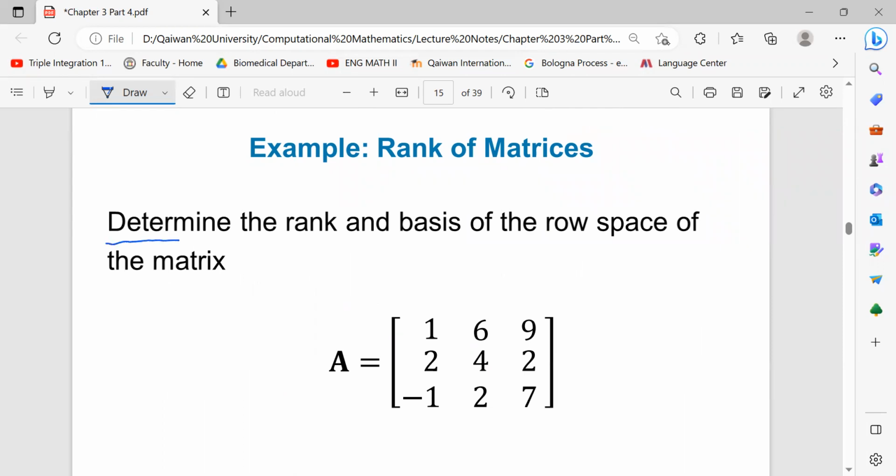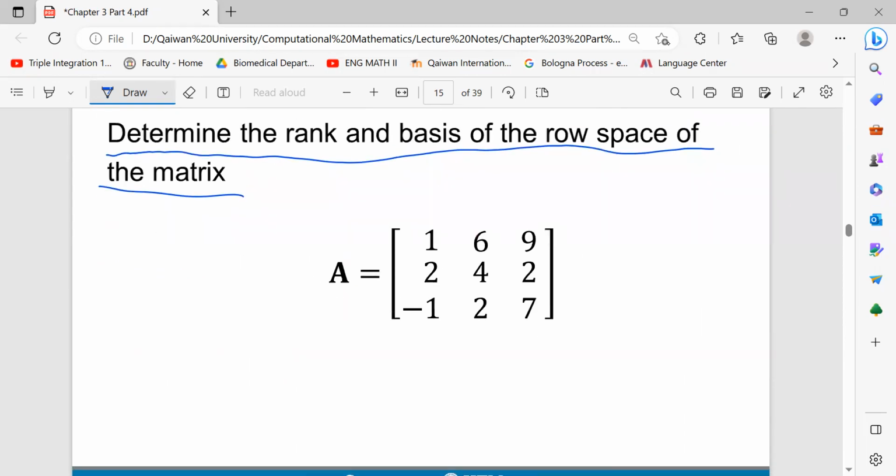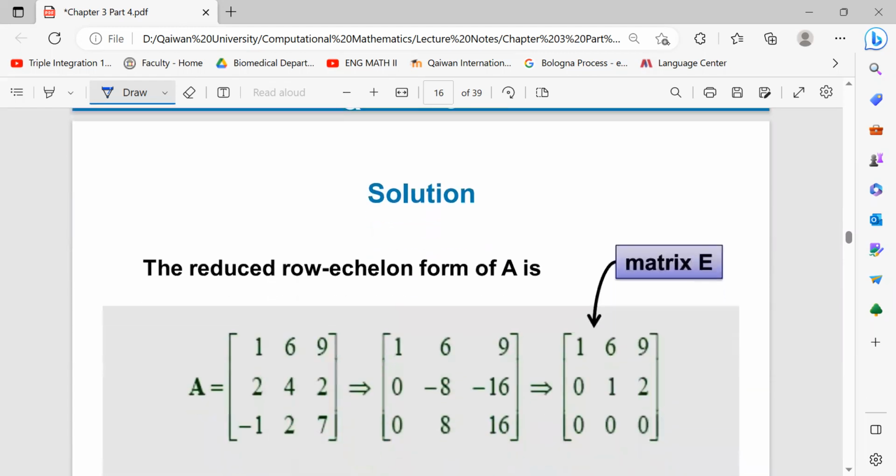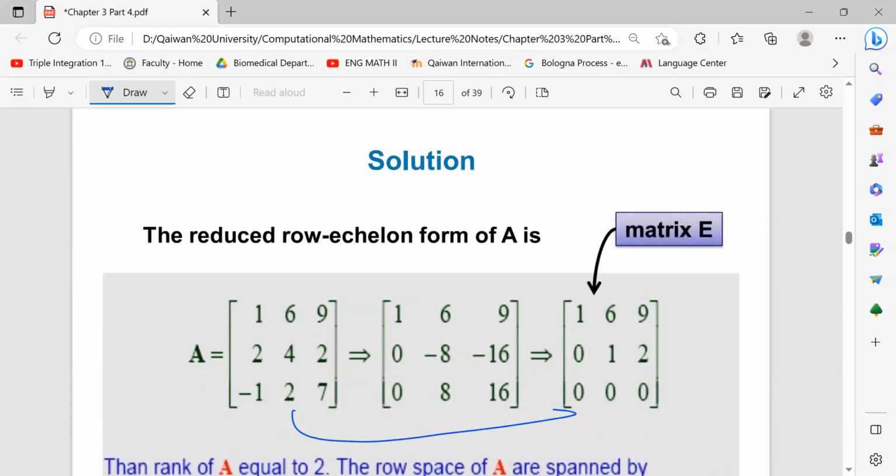It says determine the rank and basis of the row space of the matrix. Look, for this matrix we find the rank and the basis of the row space. First, for finding the rank and row space, we need to apply the elementary row operation to reduce the matrix to reduced row echelon form.